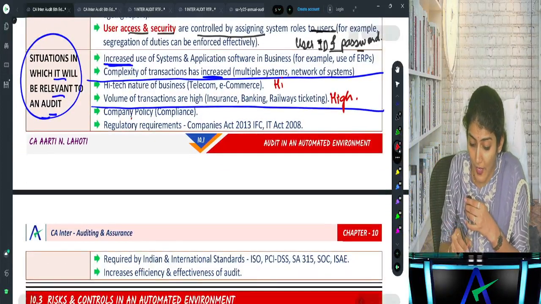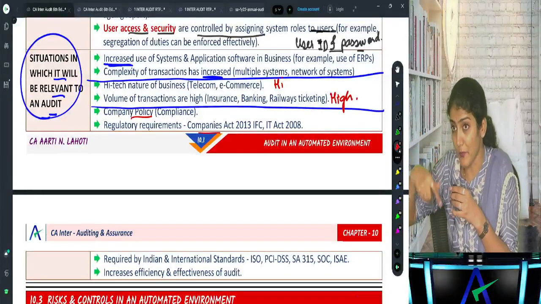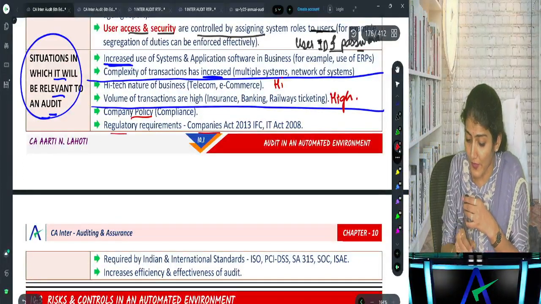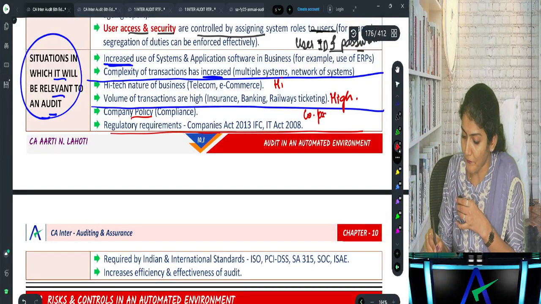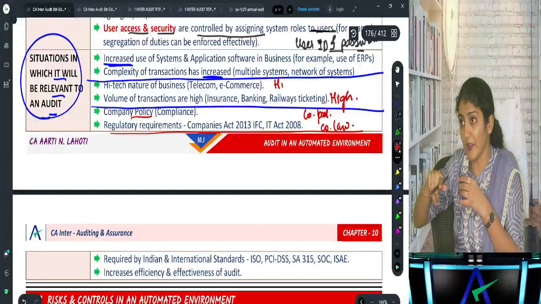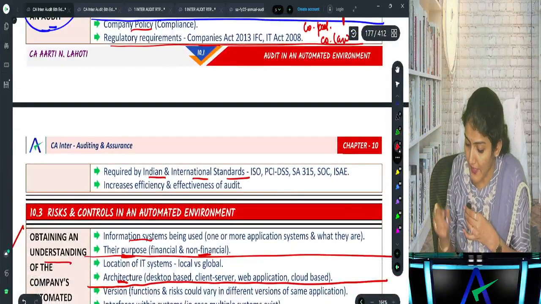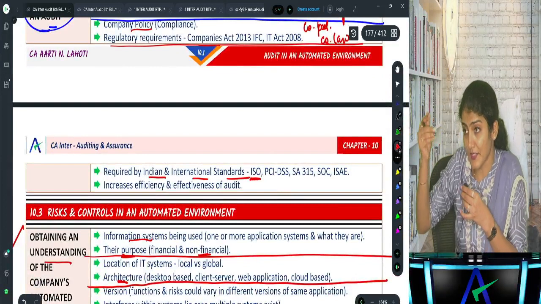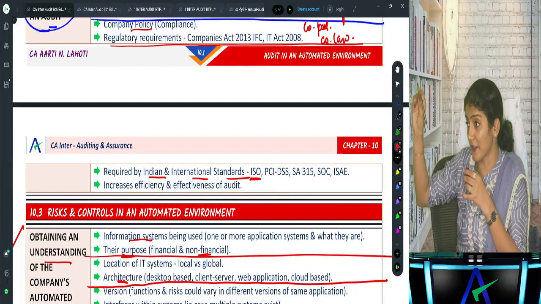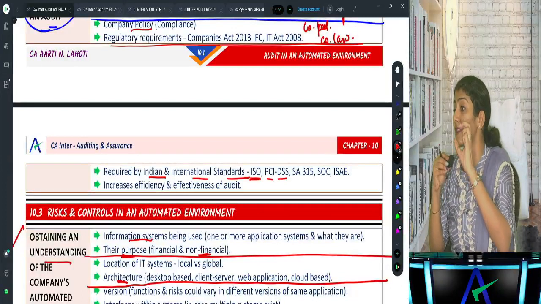Then what does it say? Company policy and company law. Company policy is the internal policy of the company, and also the regulatory requirement, that is the Companies Act. Then it is required by Indian and international standards, like the International Organization for Standardization, ISO certification, then PCI DSS, the Payment Card Industry Data Security Standard.